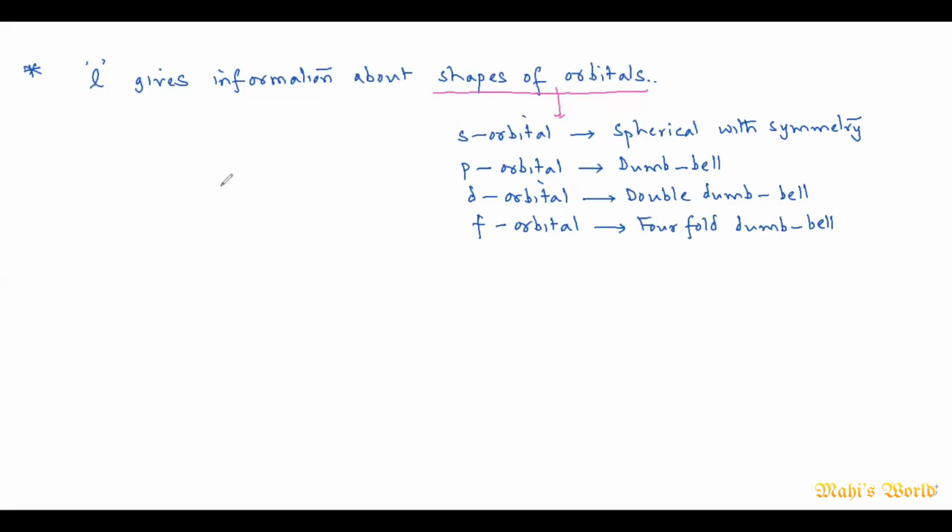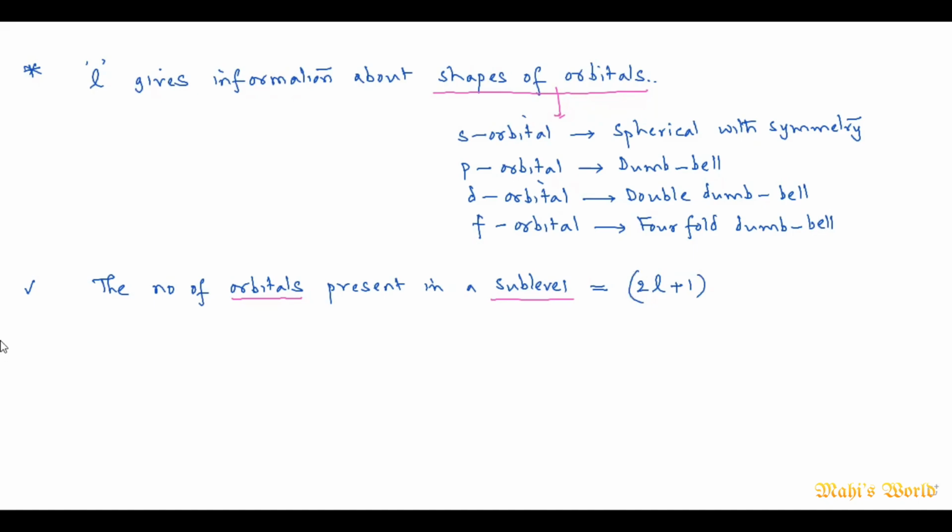Now, let me go for this. You know, the number of orbitals present in a sublevel, because L actually deals with a sublevel. Let me give you the number of orbitals in a sublevel. This can be given as 2L plus 1. This is a formula used.